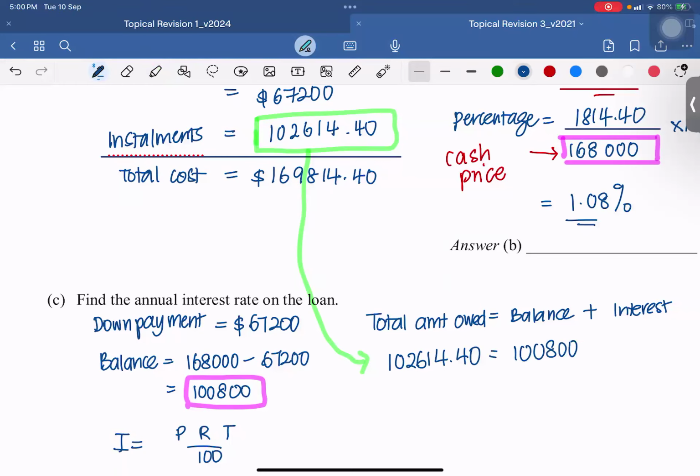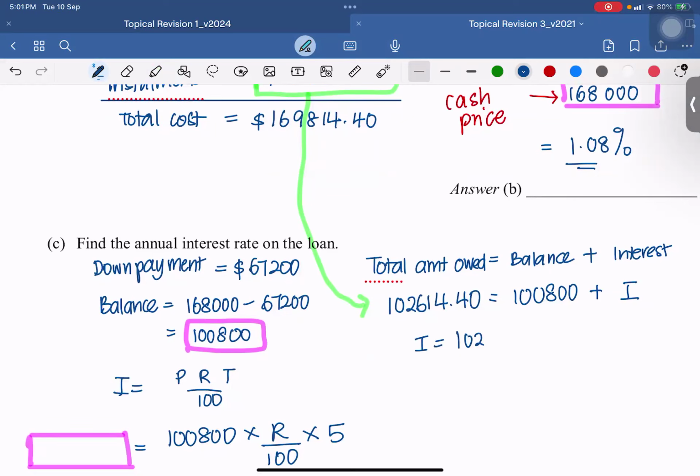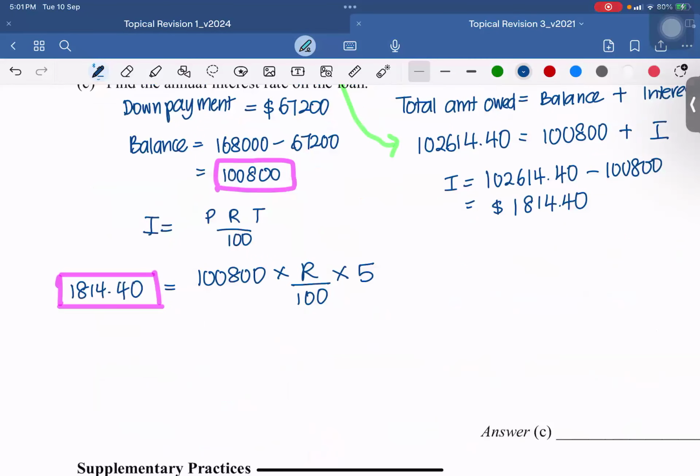So I shall subtract this to find your interest, and I get an answer for this part, 1814.40. Actually, that's the additional interest cost, isn't it? This is my extra cost interest, 1814.40.